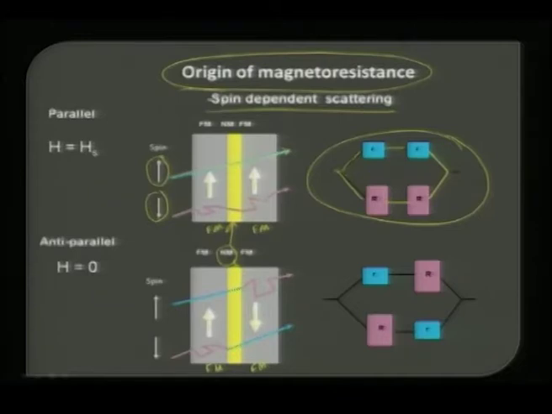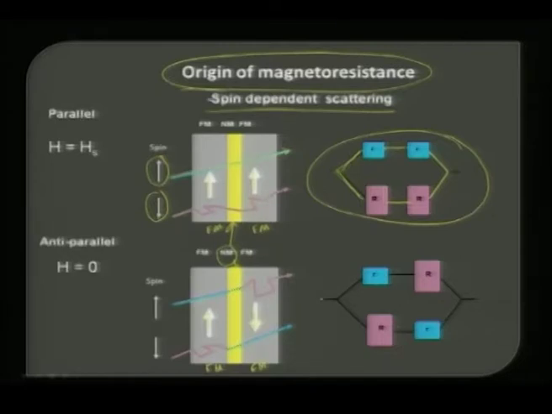So in one case you have a low resistance, in the other case a high resistance, whereas when you come here, for spin up it gets easily to this stage and then it gets scattered here. Therefore you have a lower resistance and a high resistance. The same thing happens for the spin down also. Here it gets more scattered and then it gets easily transmitted.